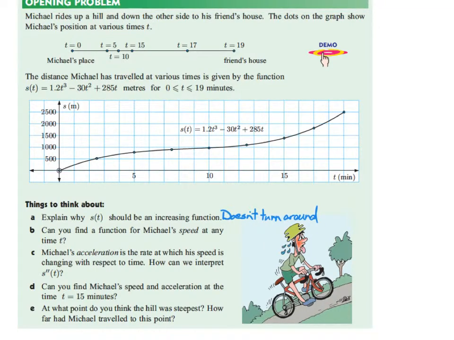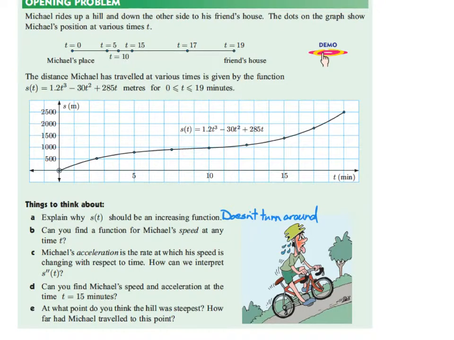Can you find a function for Michael's speed at any time t? Speed is a rate of change, so find the derivative. Now, this is a very important distinction.